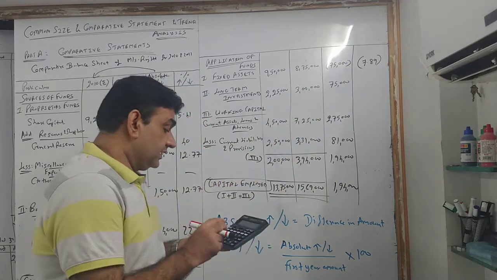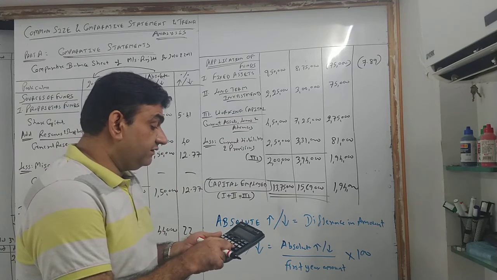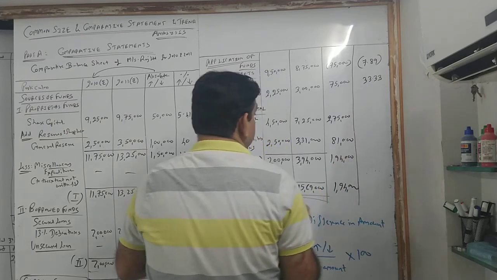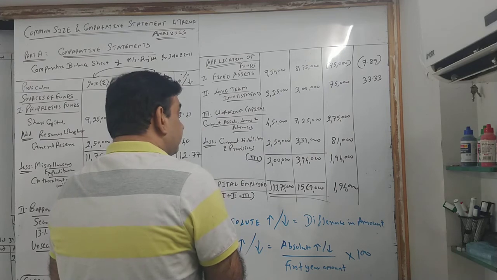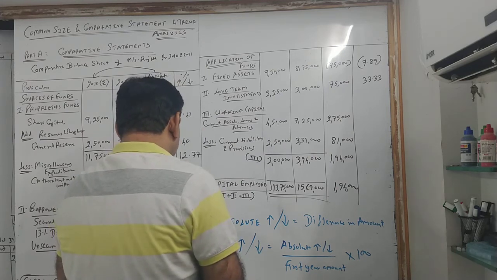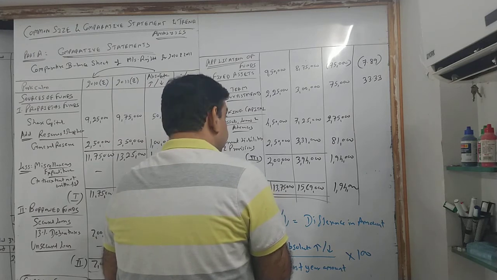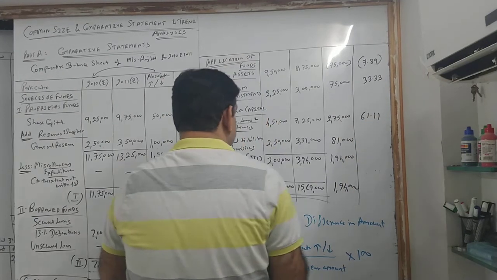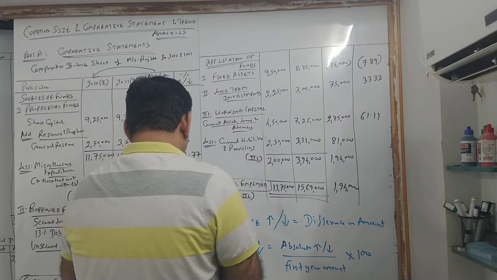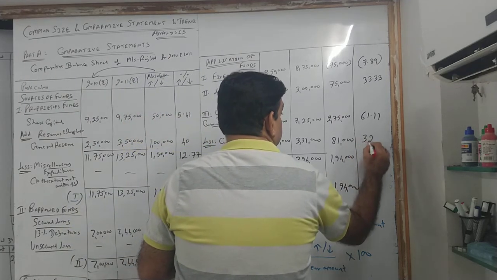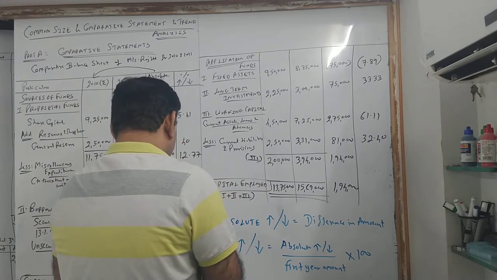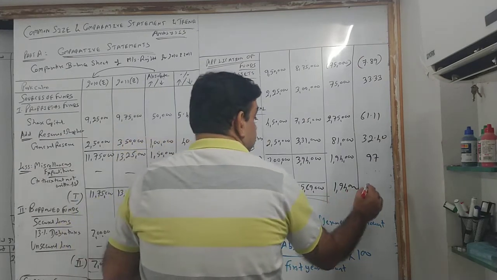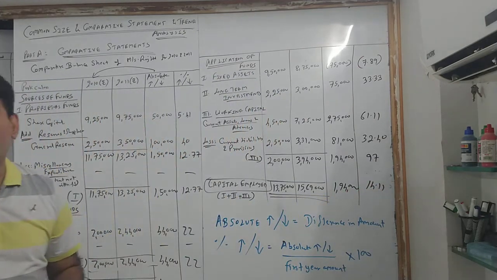Next, 75,000 divided by 2,25,000 into 100 is 33.33. Then 275 divided by 4,50,000 into 100 is 61.11. 81 divided by 2,50,000 into 100 is 32.40. 194 divided by 2 lakh into 100 is 97, and this will be the same 14.1.